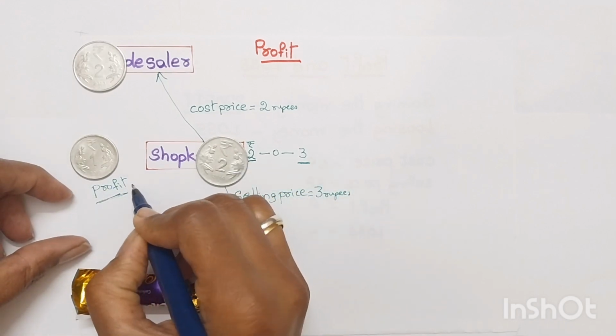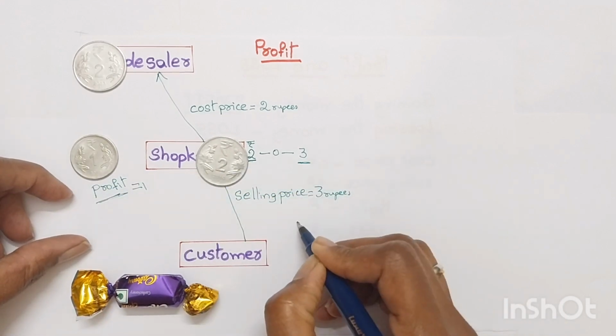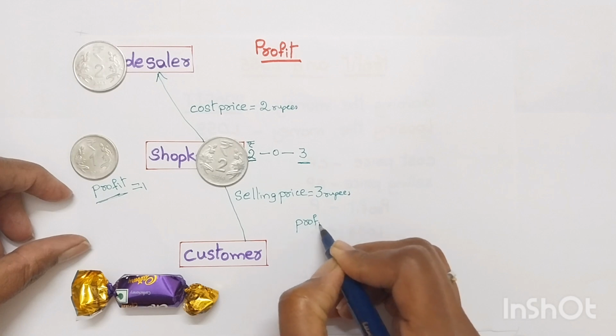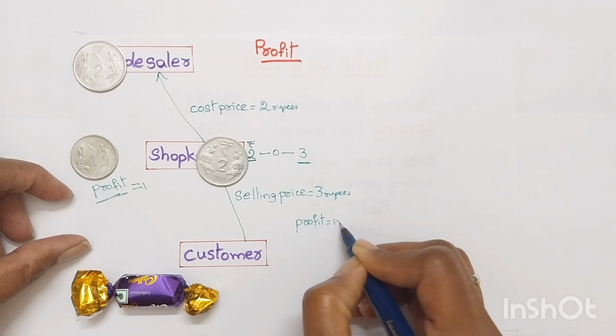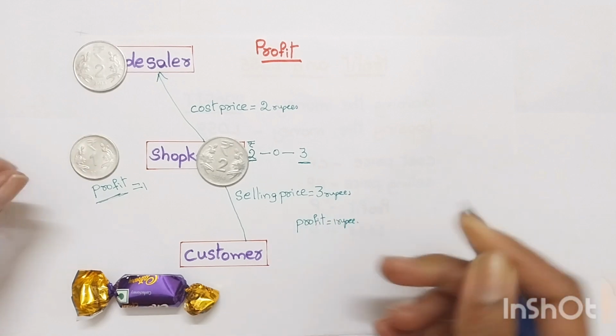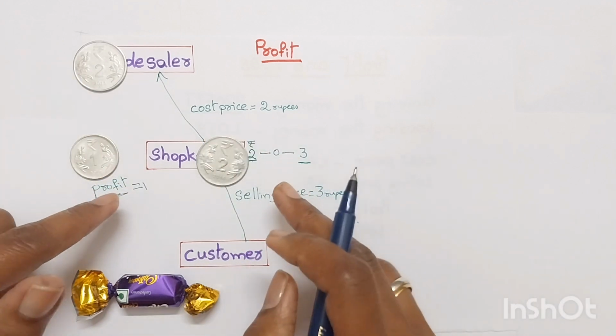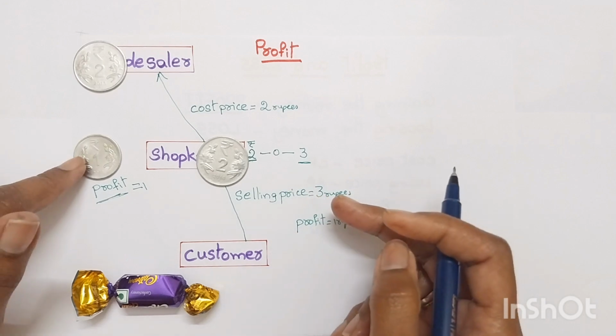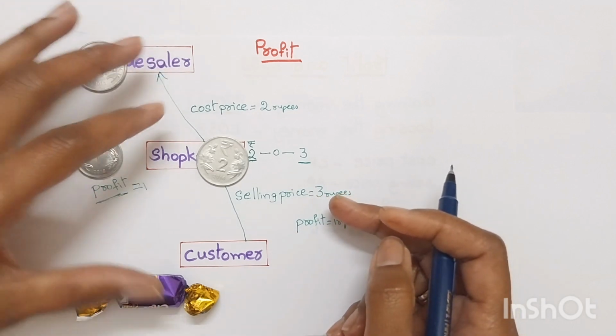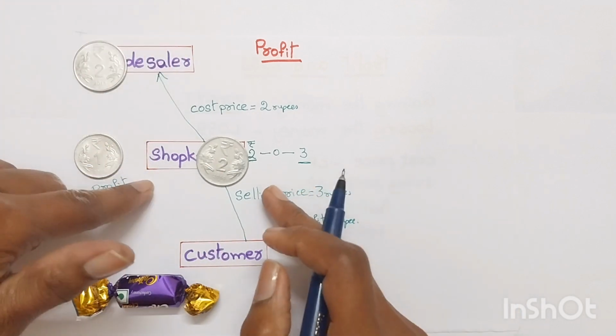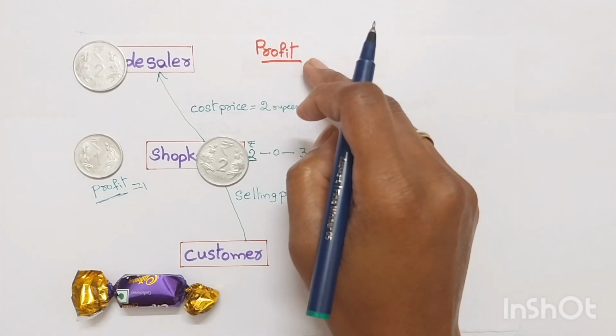Profit equals 1. How much profit he received? 1 rupee. So in this process the shopkeeper gained the amount. In these transactions, the shopkeeper got profit.